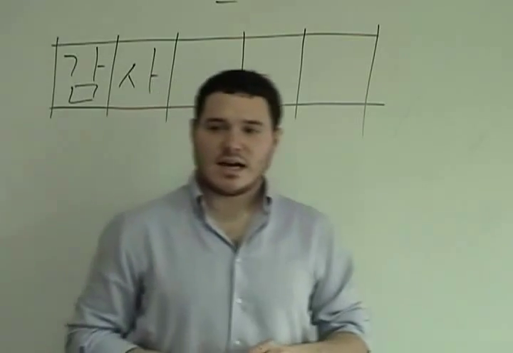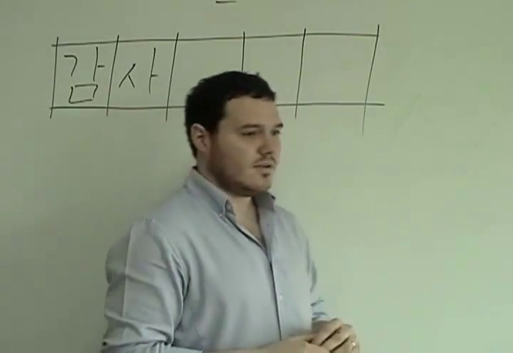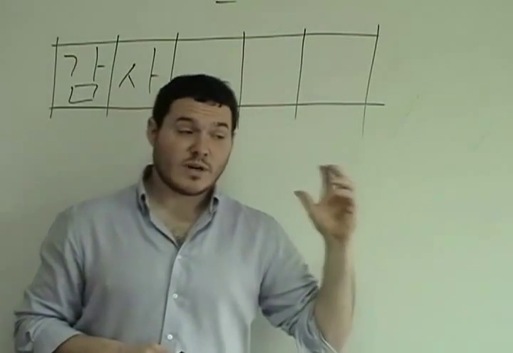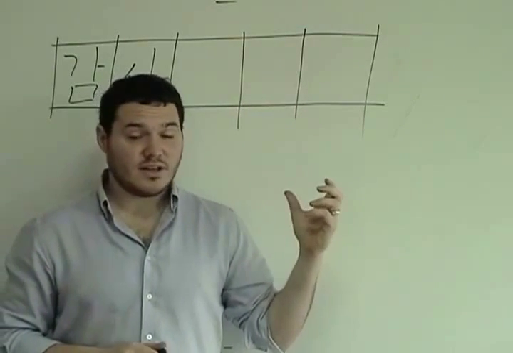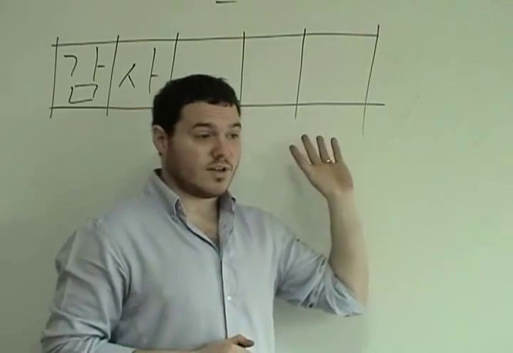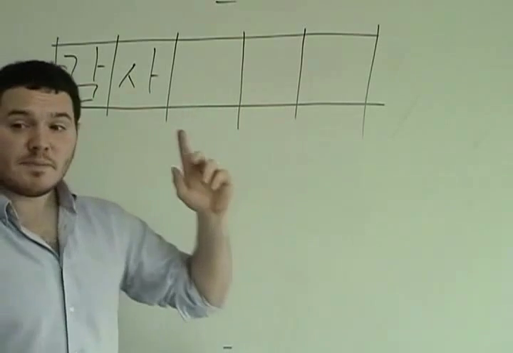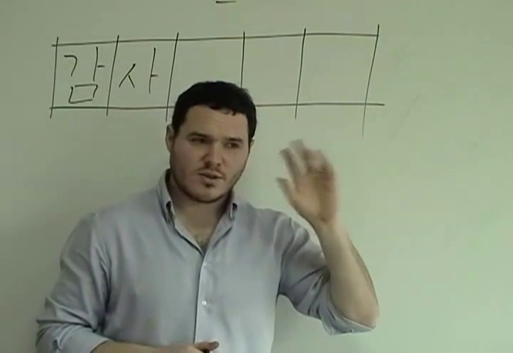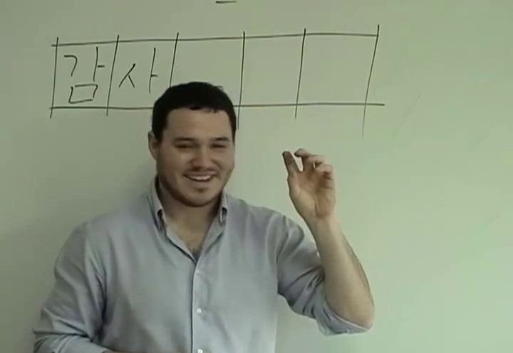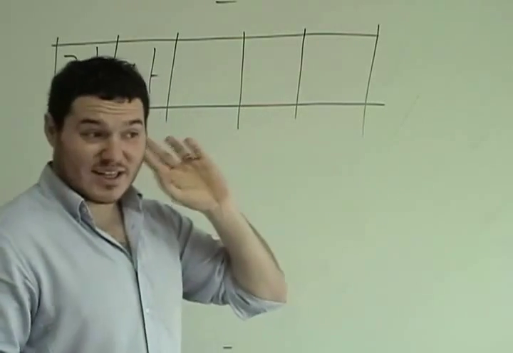Hamnida. So this one is actually, we're getting into a reading exception pretty quickly here. And it's good because it's one that you'll hear and see a lot. So it's great that we get into it now. Hamnida is what we hear. So what do you think that syllable is? Ham. Hum, right, is what it sounds like.